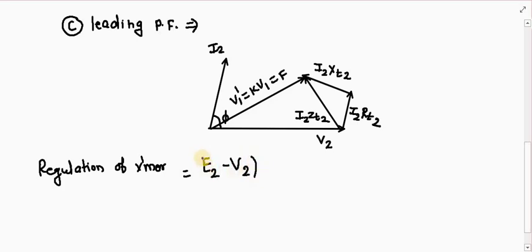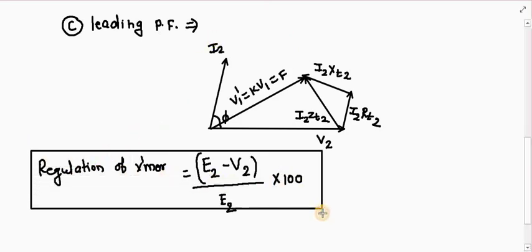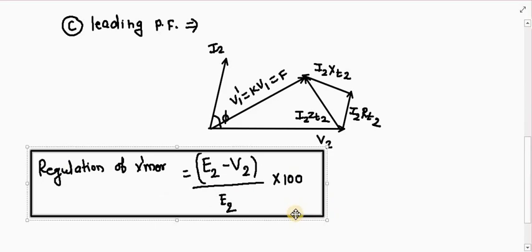It is the numerical difference of the secondary terminal voltage from no load to full load, and we have to express it with respect to the terminal voltage at no load, and if I multiply it by 100 I will get the percentage regulation.